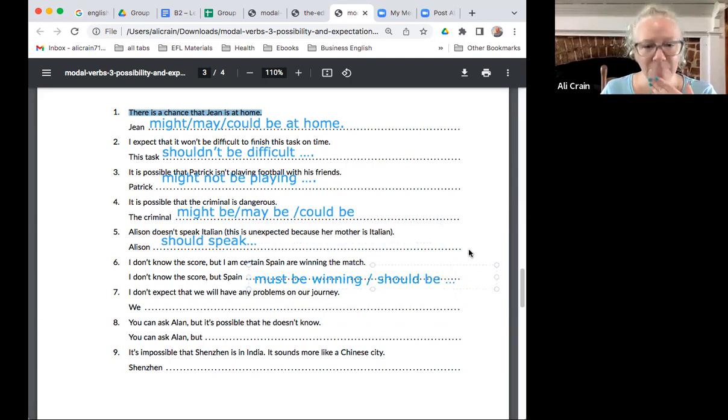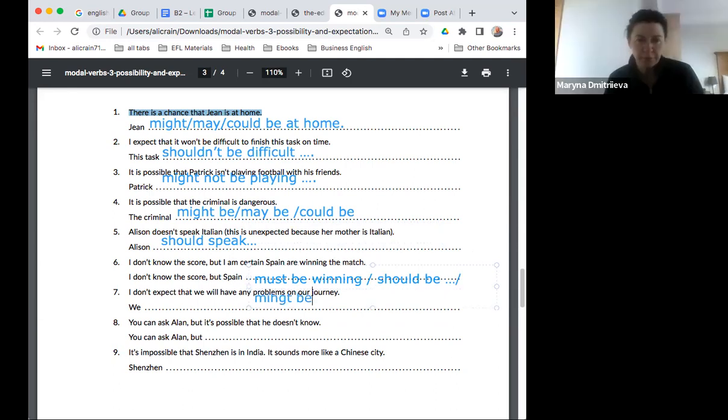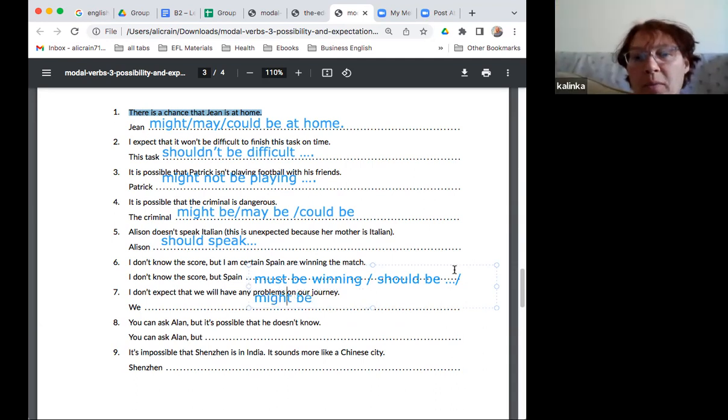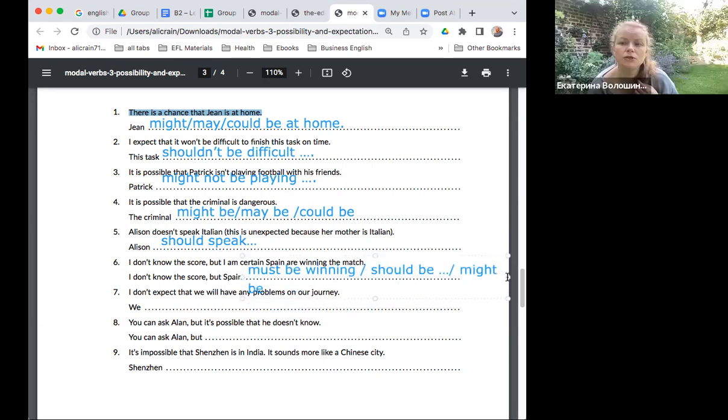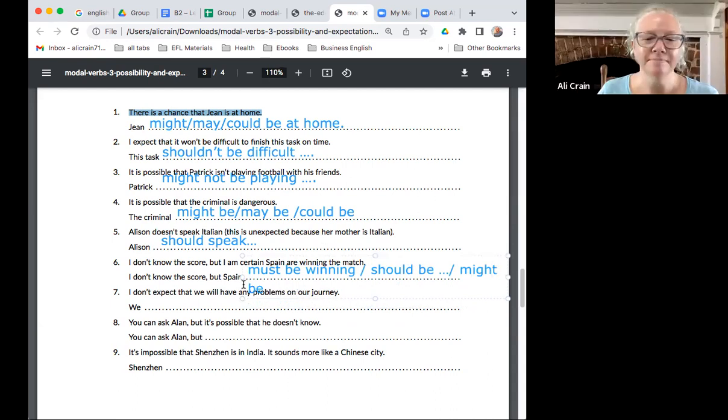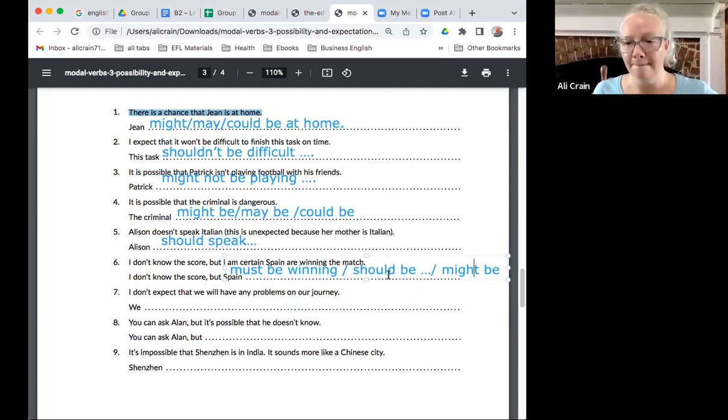Could also say might be. But it's so certain. When it's certain, it must be. It's almost 90%, but might be is still like yes or no. Because of the certain here, the best answer would be must be winning, but we could potentially use the others in other situations.